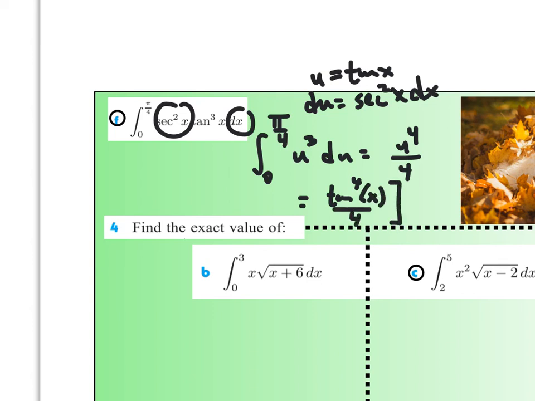And as I evaluate that from 0 to pi over 4, tangent of 0 is 0, and tangent of pi over 4 is 1, so it's 1/4 minus 0, which equals 1/4.